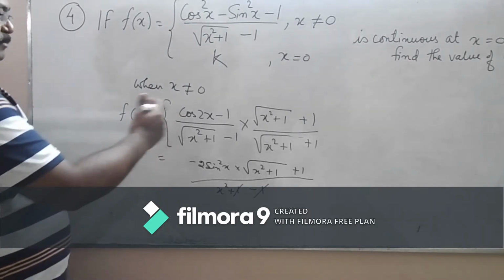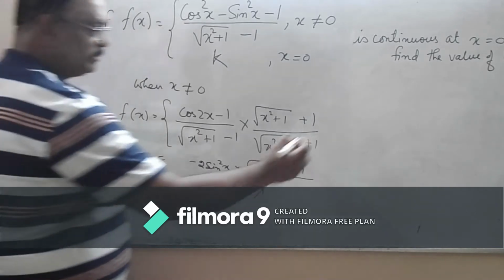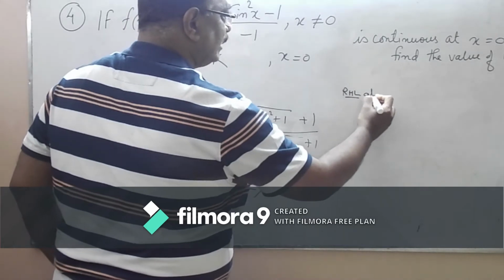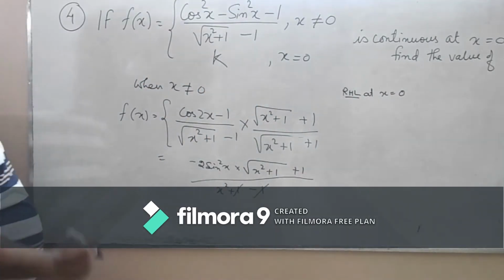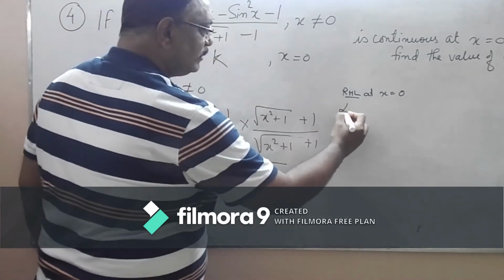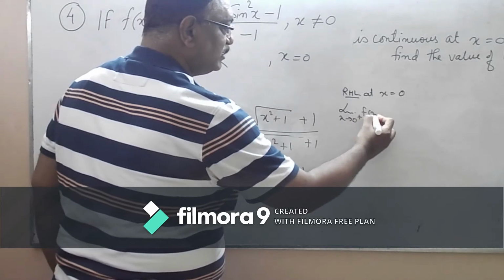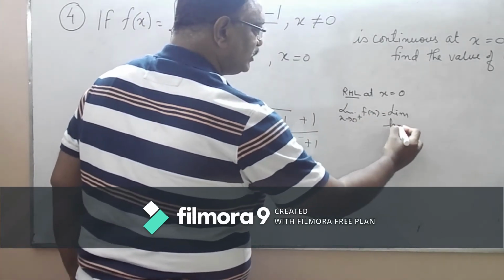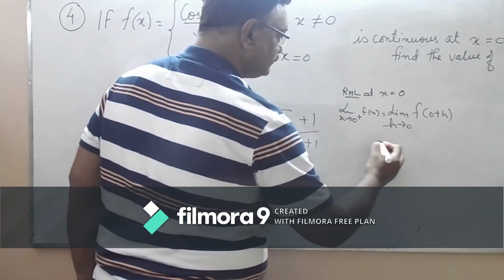Now we take up the right hand limit and apply that in this part of the function. Right hand limit at x equal to 0. Limit x tending to 0 positive f(x), which can be written as limit h tending to 0 f(0 + h).